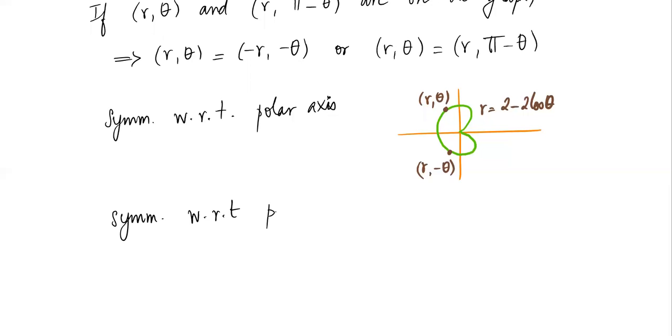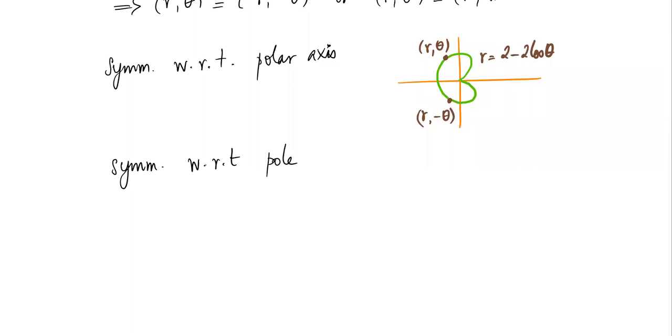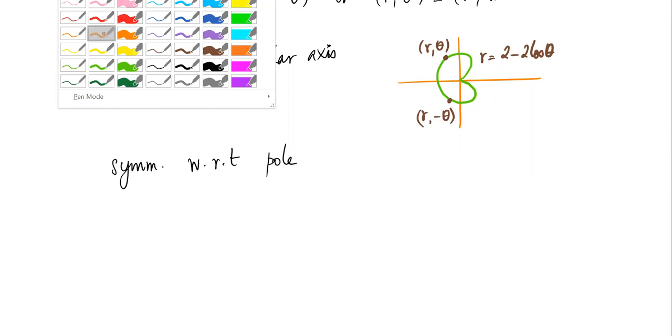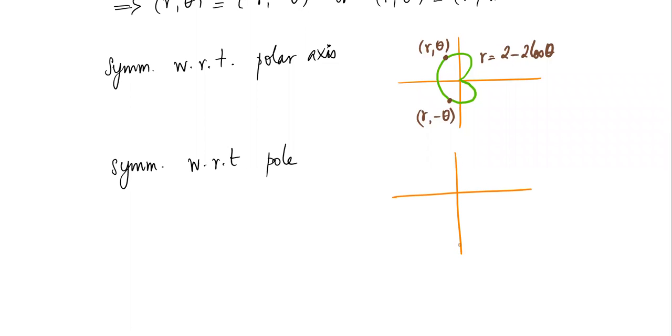With respect to the pole, it might look like this, like an 8. And remember, it's across the origin, so it's the pole, right?